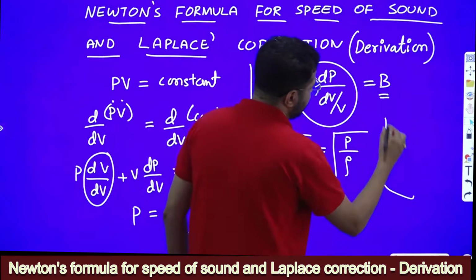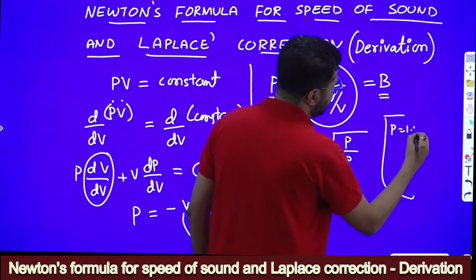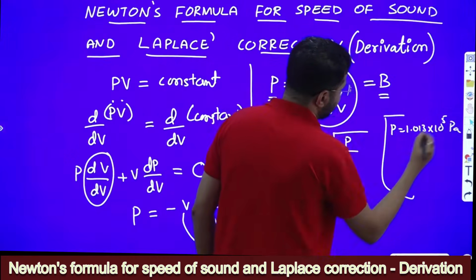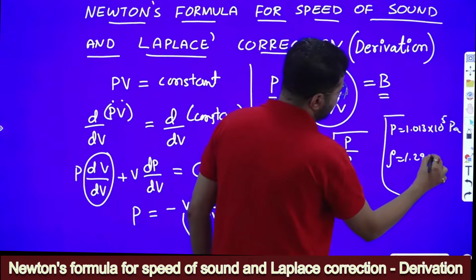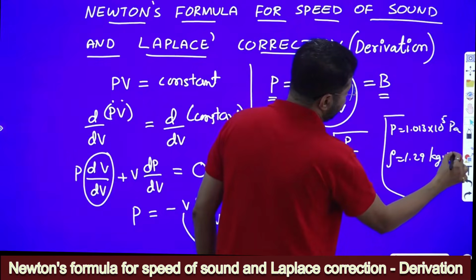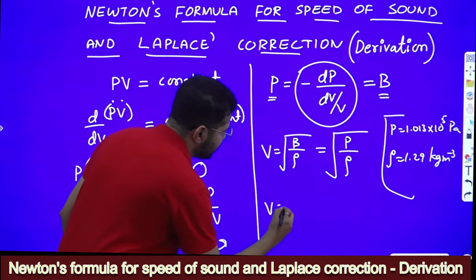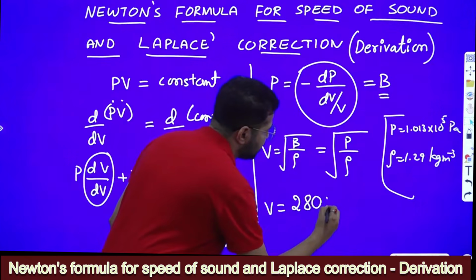If we use the standard values, pressure equal to 1.013 into 10 to the power 5 Pascal, and density of air equal to 1.29 kg per meter cube, we get velocity of sound V roughly equal to 280 meter per second.